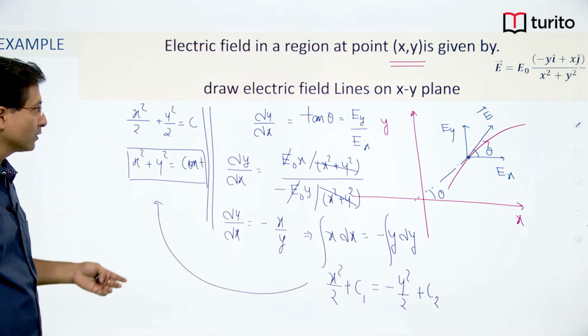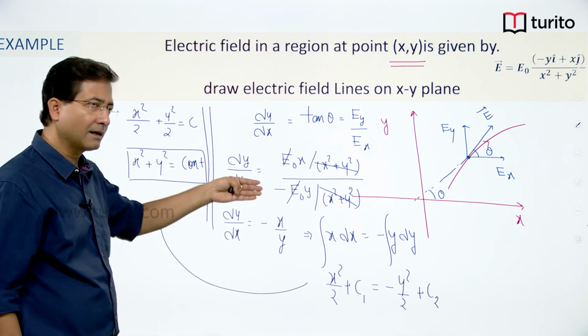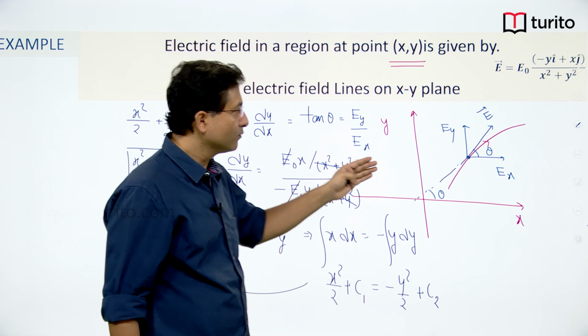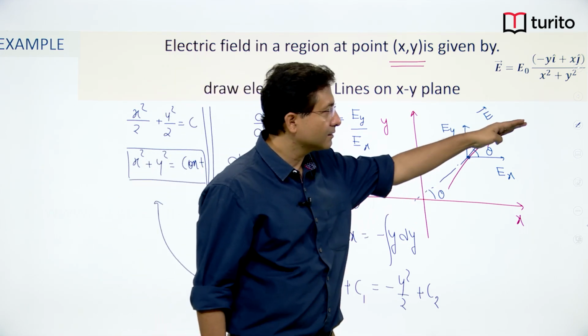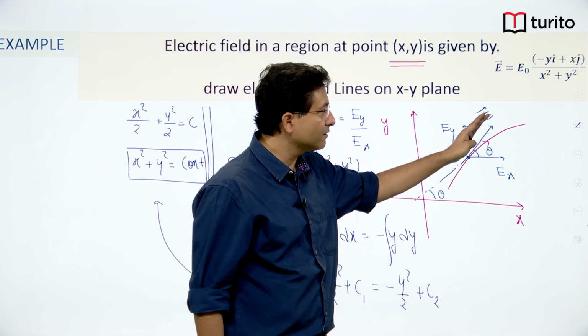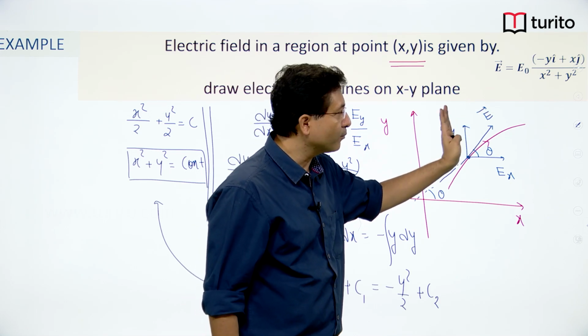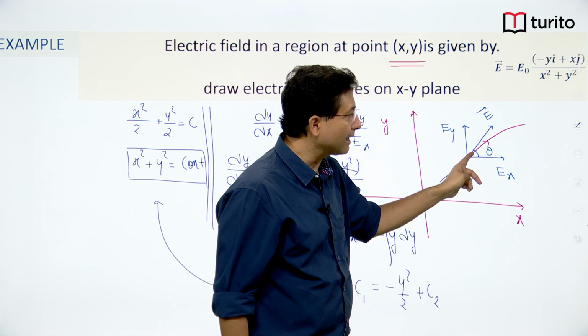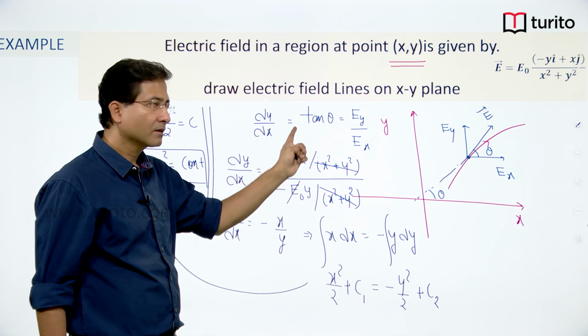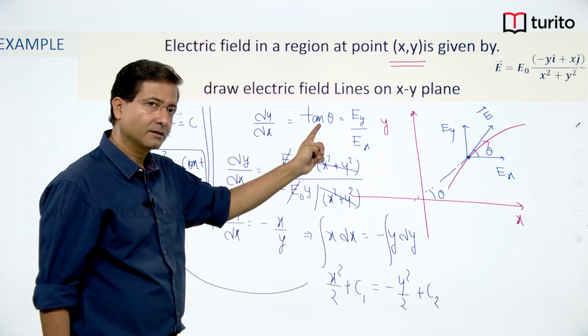Right, x square plus y square is equal to a constant, that is the field line pattern we are getting in space, right. So, what the pattern would be we will see later, but first I hope you understood the procedure. We use the concept of the field line: the tangent drawn on the field line gives the direction at that particular point. If that is giving the direction, that means the y component divided by the x component is giving the angle with the x axis, tan of that.